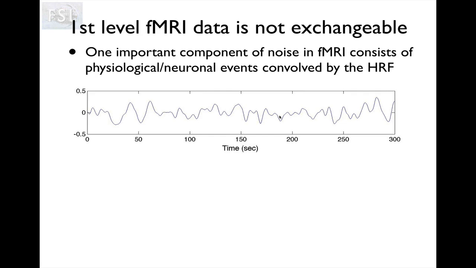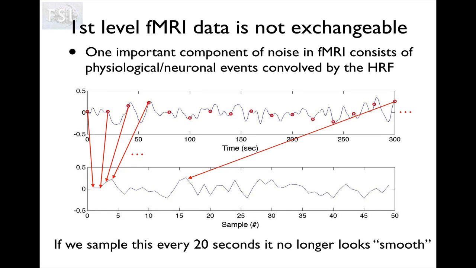Now, if we take something like this and sample it every 20 seconds, so I have this continuous process, the bold signal in the brain, and I take a sample every 20 seconds, it no longer looks smooth. That's because I've sampled it at something like its natural time scale, so I now have more or less independent measurements.